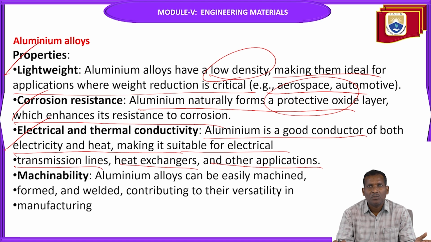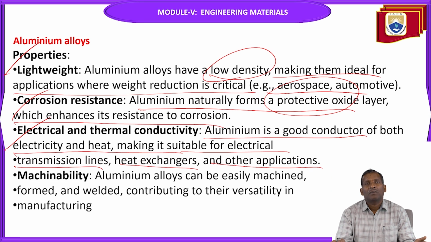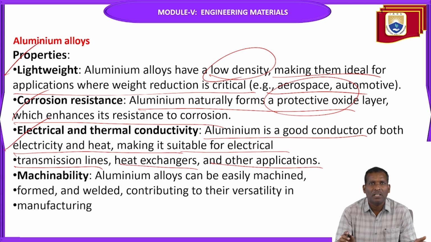So electrical transmission lines and heat exchangers, and other applications also use this aluminum alloy material. Why? Because it has good electrical and thermal conductivity properties. It is a good conductor.